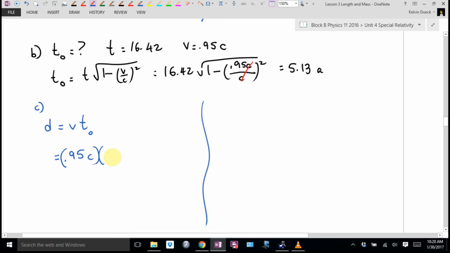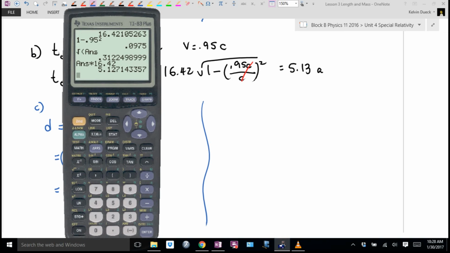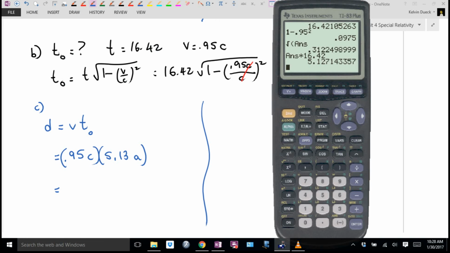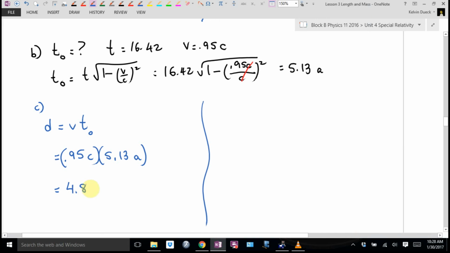And what's t0? 5.13 years. And can you see I get light years in my units? This is going to give me a light year if I just multiply those numbers together. This is what we did last lesson when we went to Proxima Centauri or something like that. We did it this way, 0.95 times 5.13, and I get 4.87 light years.